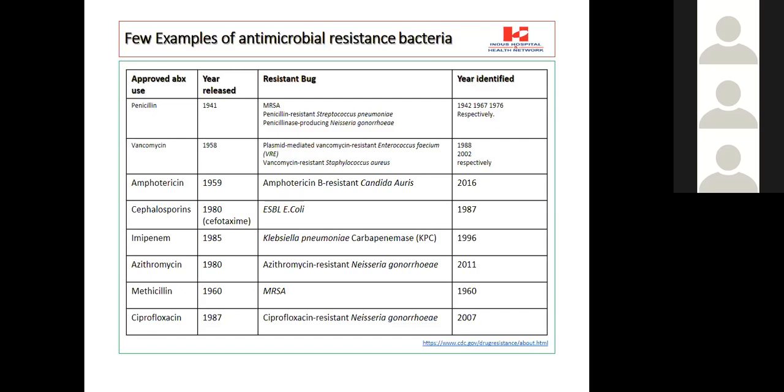Got some resistance in 1998 and 2002 respectively, for the VRE and vancomycin resistant Staph aureus, and vancomycin resistance to Enterococcus. Like we have antifungal resistance also with amphotericin. Like we have cephalosporin resistance in 1987 and so on. We have ciprofloxacin resistance in 2007.